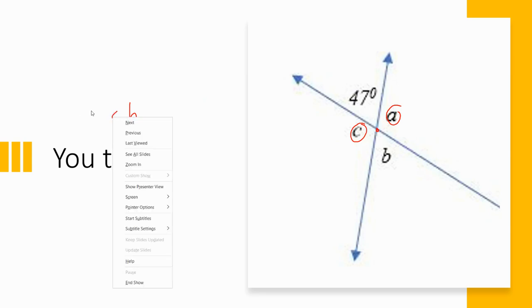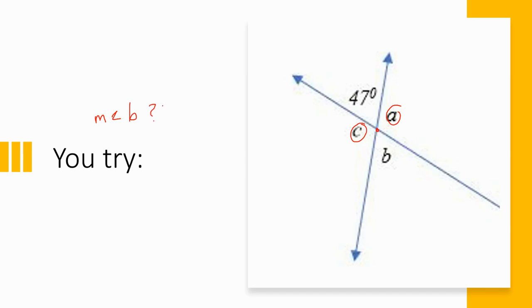What is the measurement here of angle B? You should have said 47 degrees, because 47 degrees is opposite. Its partner would be B. And so we can tell that B must have the measurement of 47 degrees.